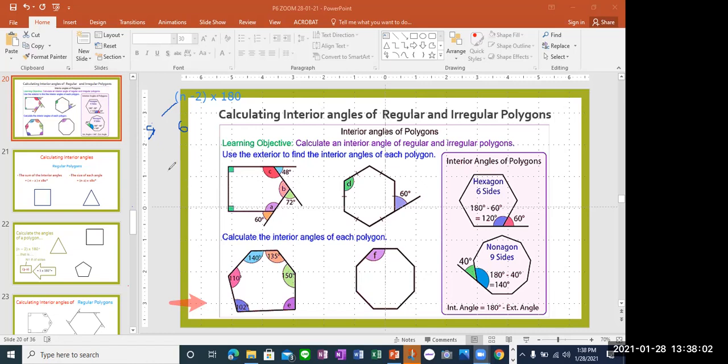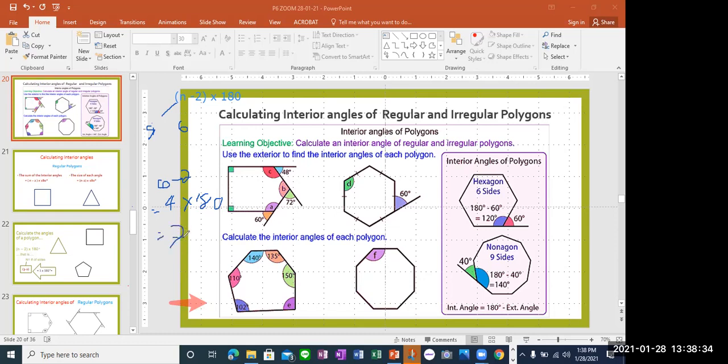What is the answer? 6 minus 2 is 4, times 180, so 720. Oh, okay.